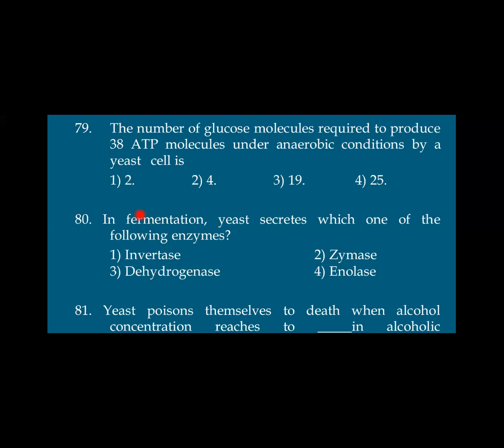First thing you should understand, students, whenever there is anaerobic condition, whether it is lactic or alcoholic fermentation, it gives only 2 ATP molecules per molecule of glucose. One glucose molecule will give 2 ATPs. So the question is 38 ATPs. So how many glucose do you want? Definitely 19 glucose molecules. Half.